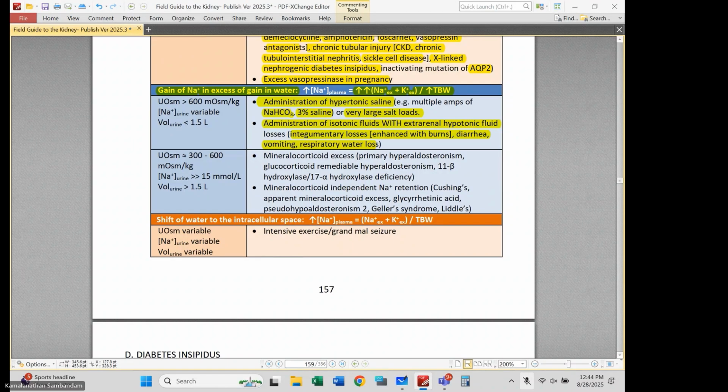And so they get progressively hypernatremic. So these patients again, this phenotype is in large part a lot of those ICU patients that are getting isotonic fluids, but have extrarenal hypotonic fluid losses in the respiratory circuit, etc.